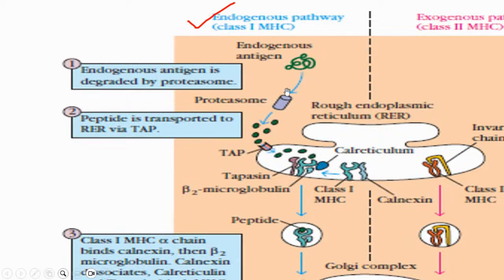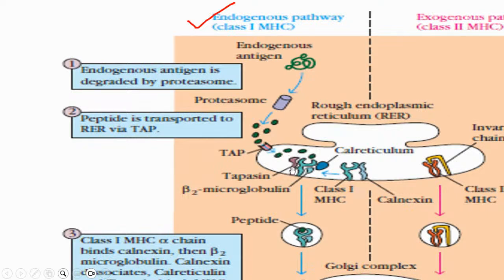The way of degradation is through the proteasome. This antigen, which is actually a protein, will get ubiquitinated and sent to the proteasome, where it will get degraded. Now these small peptides will be recognized by the TAP receptor, which is present in your rough endoplasmic reticulum, and transported to the rough endoplasmic reticulum via the TAP receptor. So it gets in.